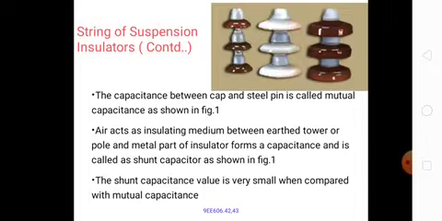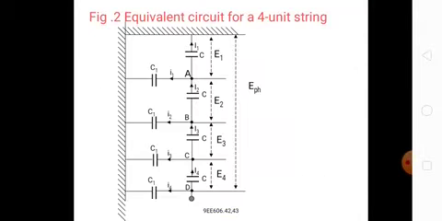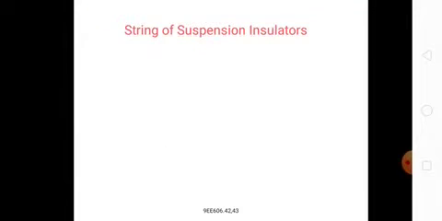The capacitance between the cap and steel pin is mutual capacitance, and air acts as the insulating medium between the earth tower or pole and the metal part of the insulator, forming the shunt capacitance. Here C is the mutual capacitance and C1 is the shunt capacitance.